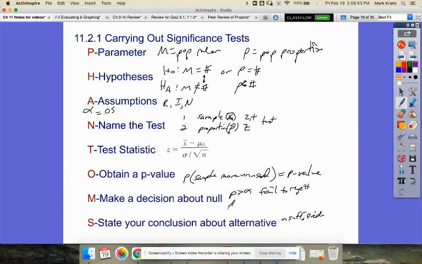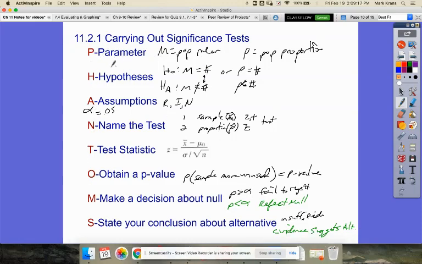If your P is less than alpha, then you reject the null and you say that there is sufficient evidence to conclude, okay, evidence suggests the alternative.